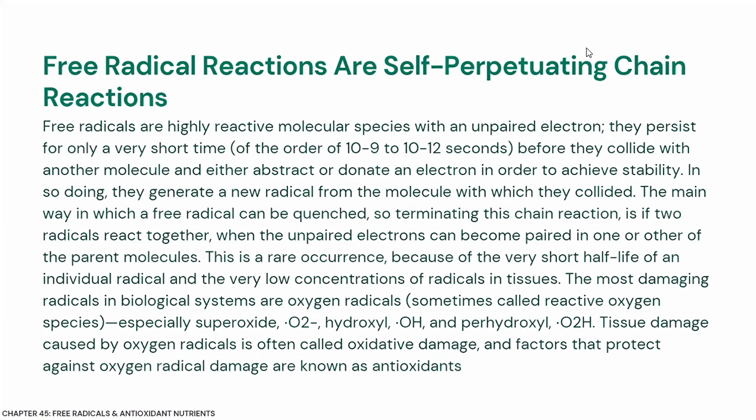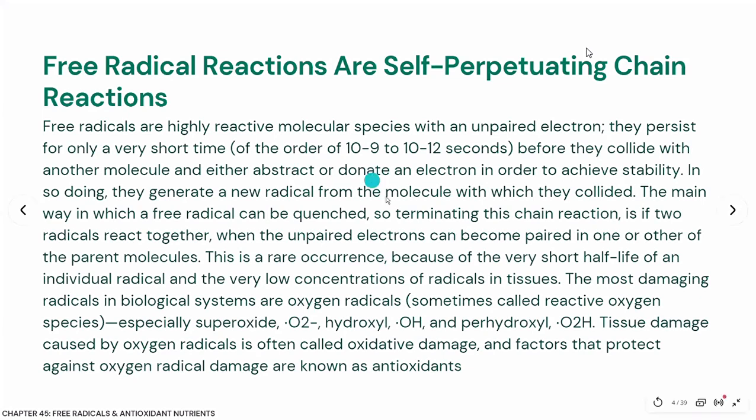So it is a self-perpetuating chain reaction, producing free radicals. Now, what happens if two free radicals collide with each other? Well, each one of them has an unpaired electron, then they become stabilized. Okay? So it terminates the chain reaction.